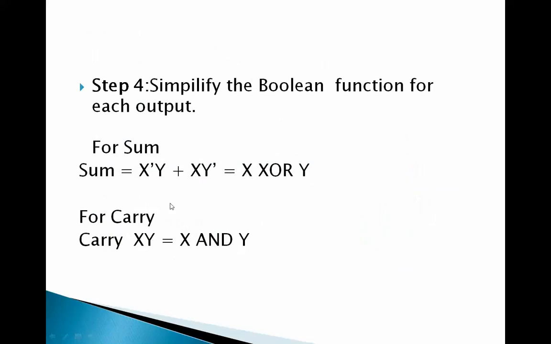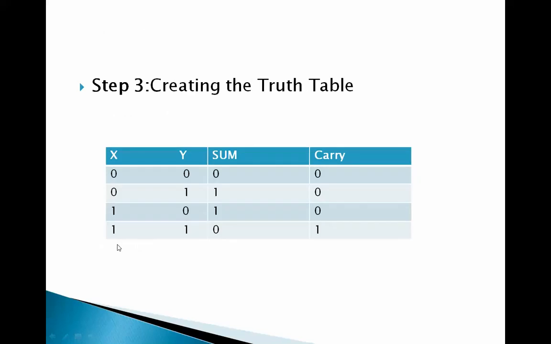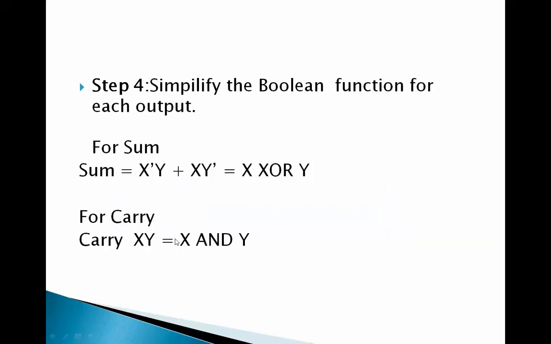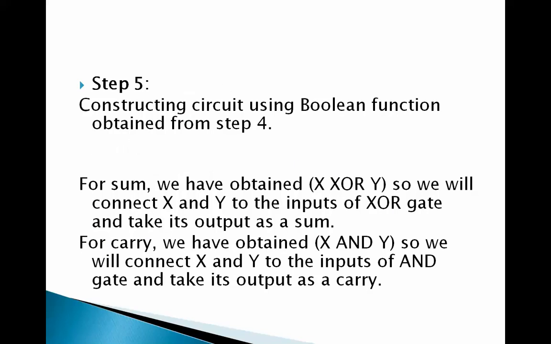Okay, for the carry, the output is high when both the inputs are high. That means this is the functionality of an AND gate. So we are simply writing it as x and y. Next, we construct the circuit using the boolean functions obtained from the fourth step.